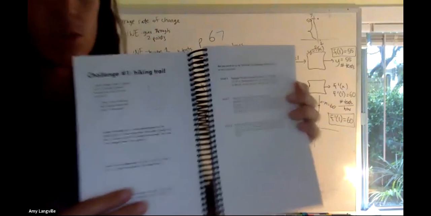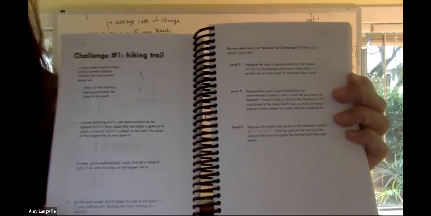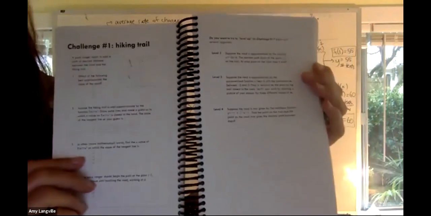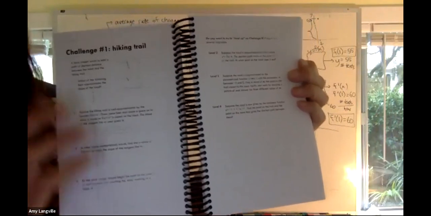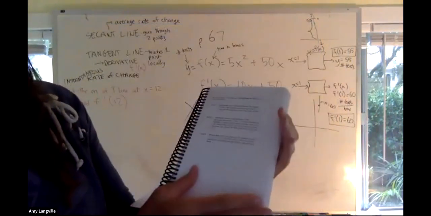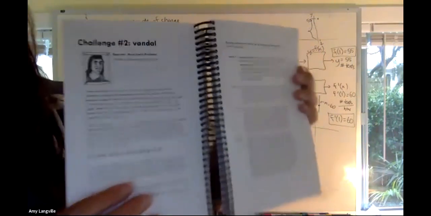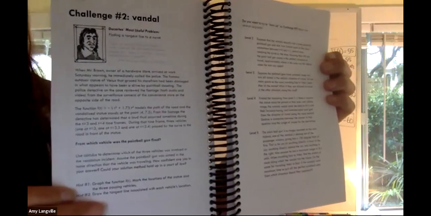Again, at the end of chapters are these challenge problems. These are on dotted paper behind them. That's how you can find them. There's always a few at the end of every chapter, and it's a good idea as you're reading the chapter to actually start with these. Say, okay, let me think about a hiking trail. Let me think about, what's the next one? Oh, or vandalism, like a detective story you have to go through.